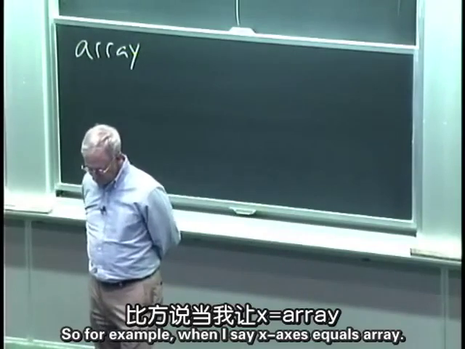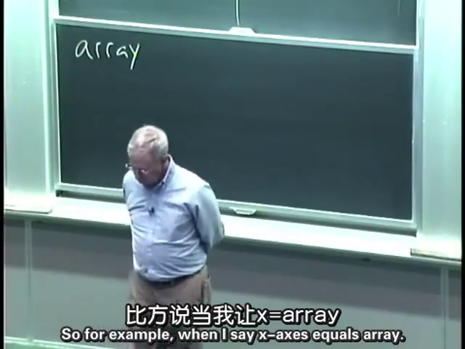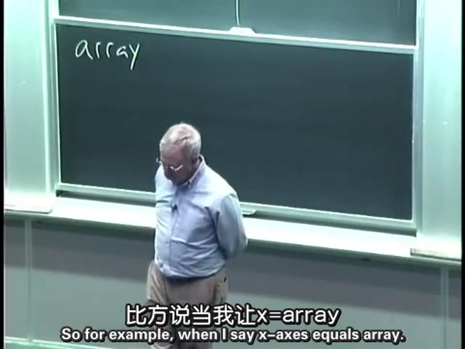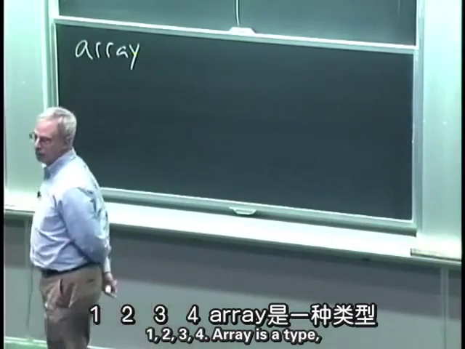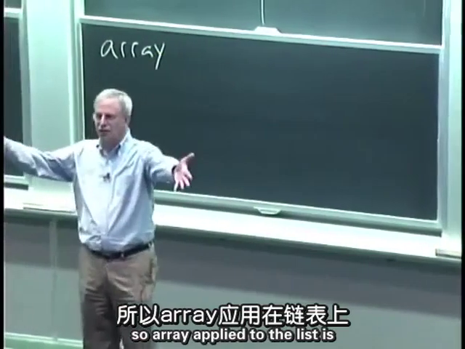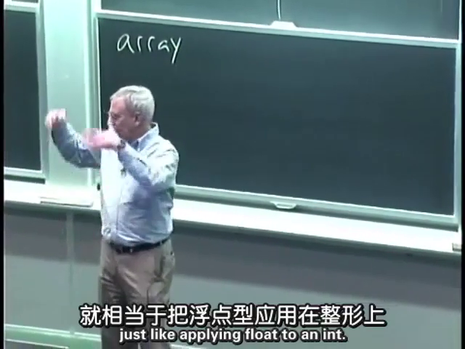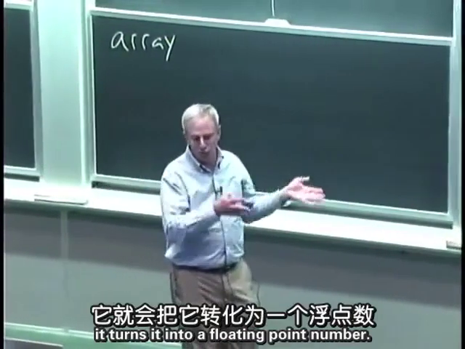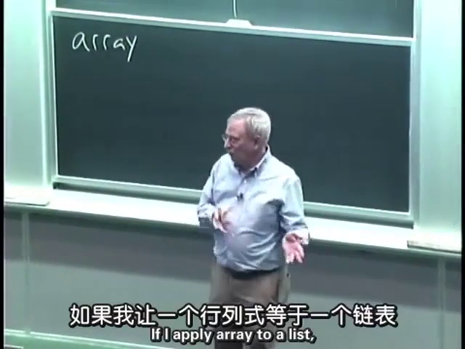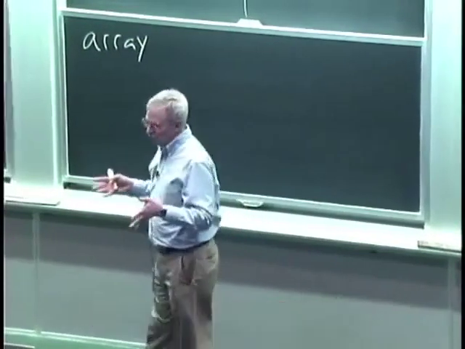So, for example, when I say x-axis equals array 1, 2, 3, 4, array is a type. So array applied to the list is just like applying float to an int. If I apply float to an int, it turns it into a floating point number. If I apply array to a list, it turns it into an array.